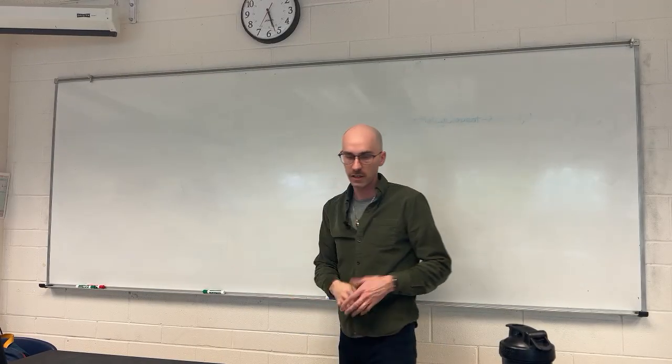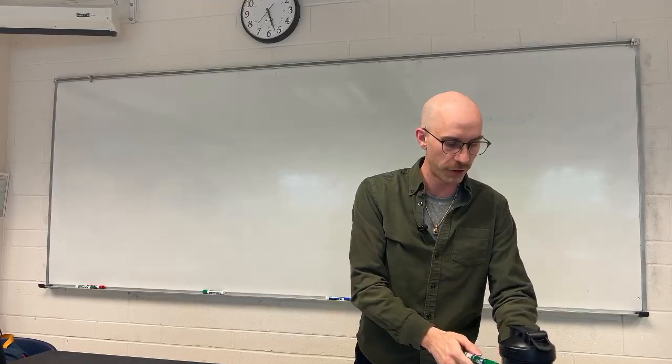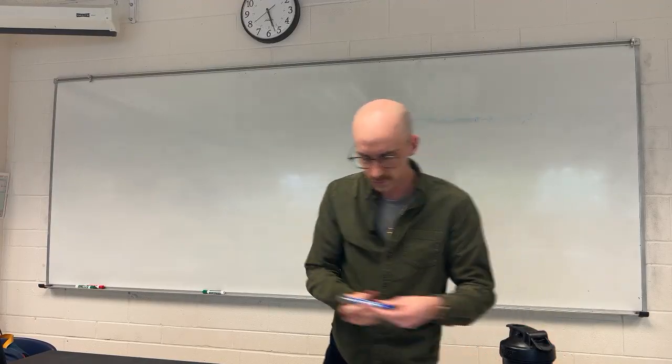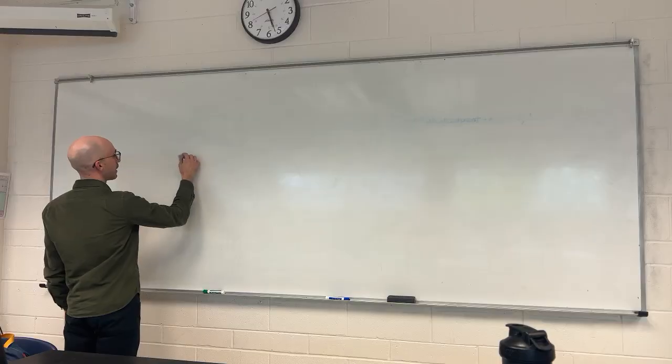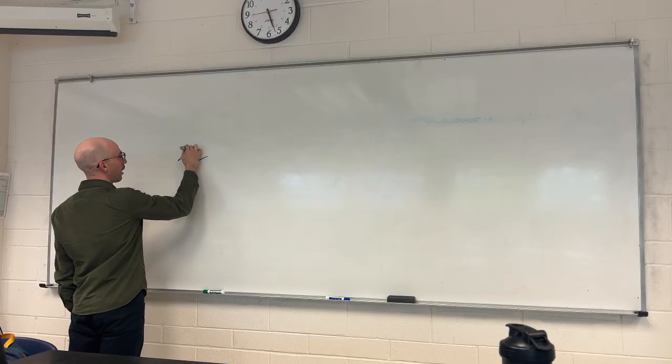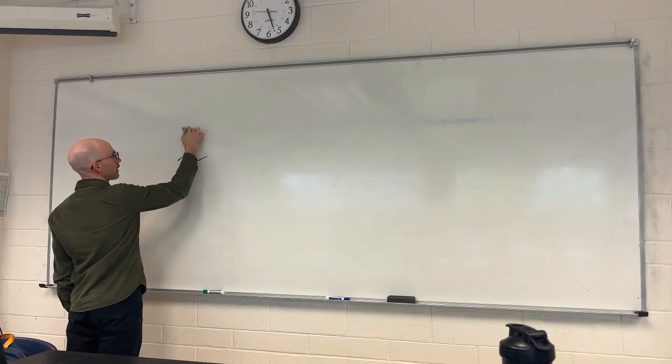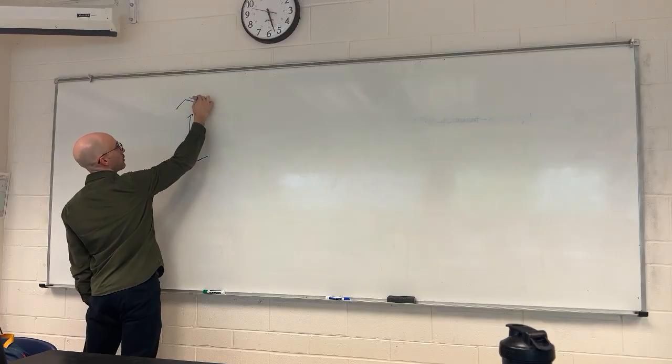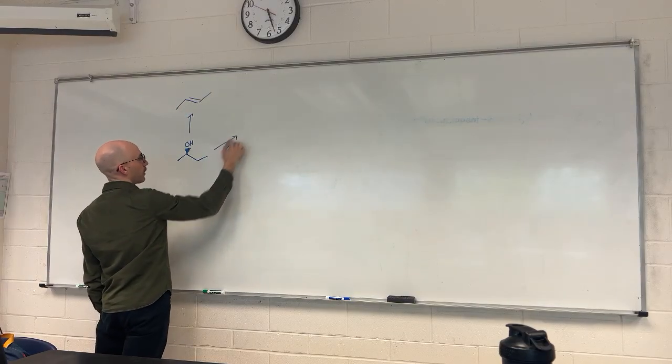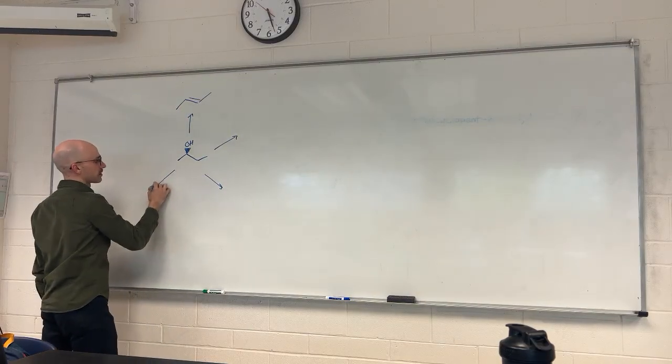Obviously, alcohols don't have pi bonds for us to do addition across. And I'm giving you a chiral alcohol so that you can see what happens with certain reactions in regard to stereochemistry.